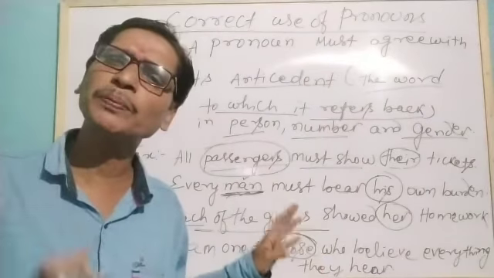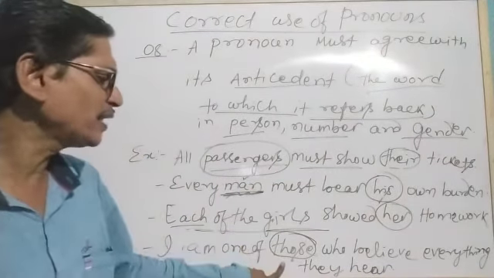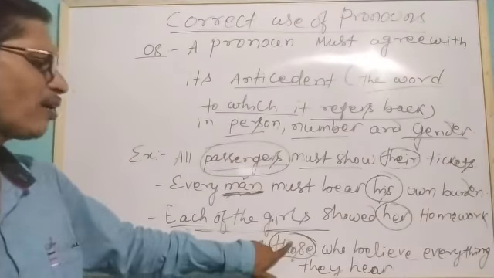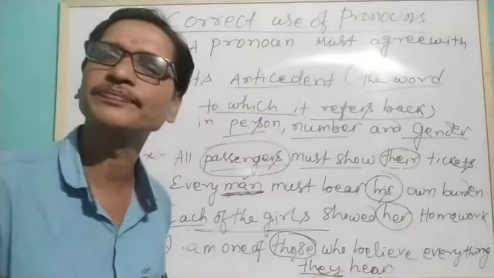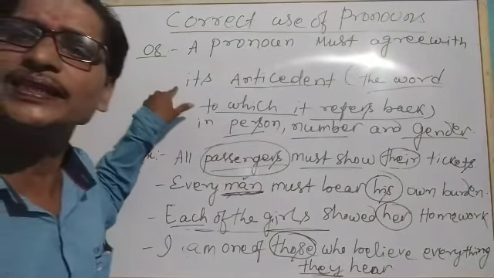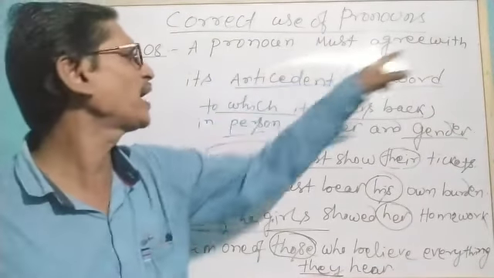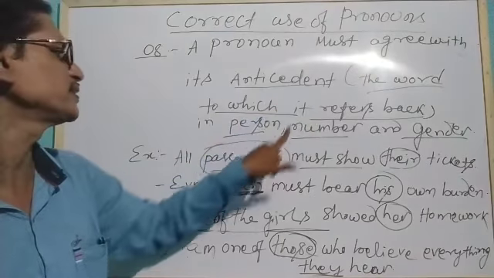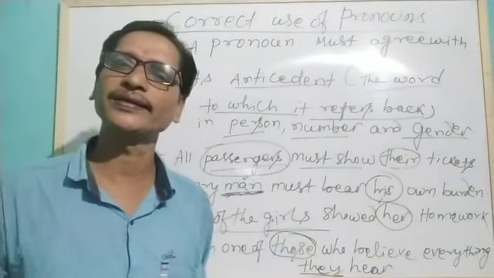It includes both feminine and masculine gender, and therefore, in accordance with this antecedent, we have used the pronoun they. Understand? So, from this instruction we understood a pronoun must agree with its antecedent in person, number, and gender.